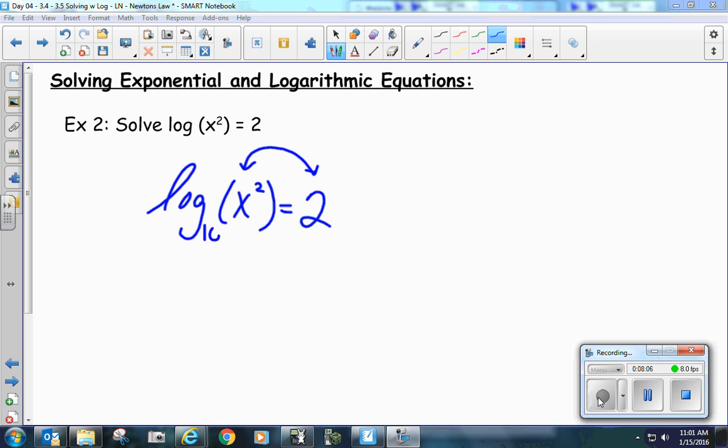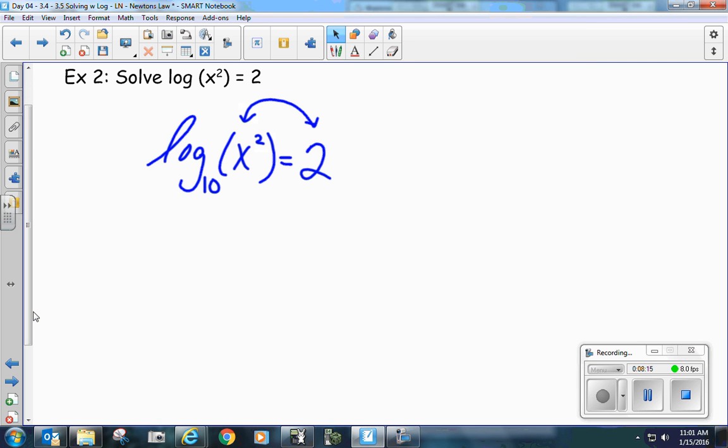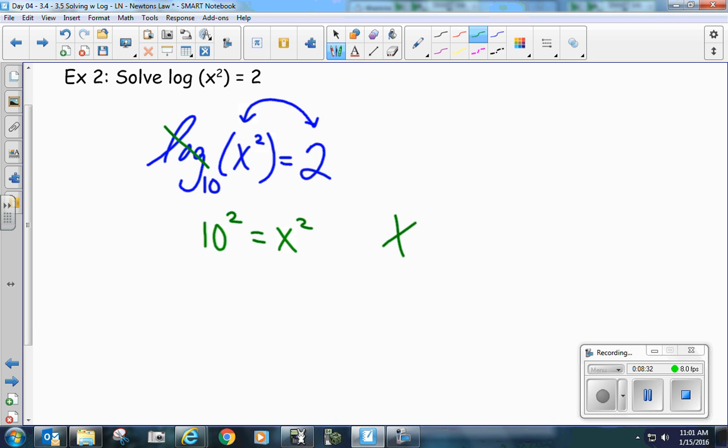If it's not written there, it's 10 all day long. So what we have here is, if I can drop the log, I've got 10 squared equals x squared. By looking at that, what's my answer? What's x? It should be 10, right? 10 squared should be 10 squared, right? So x should equal 10.